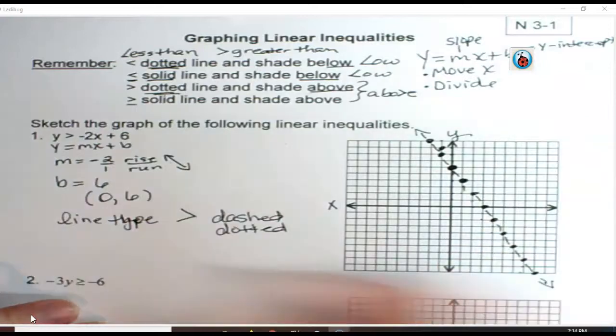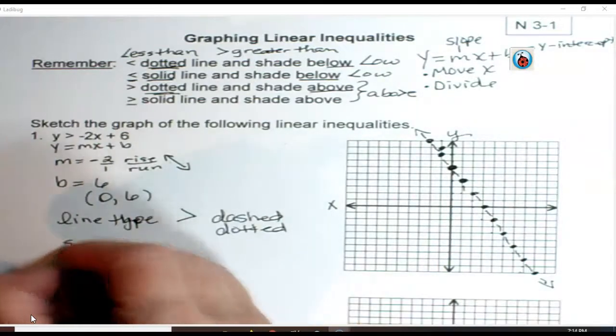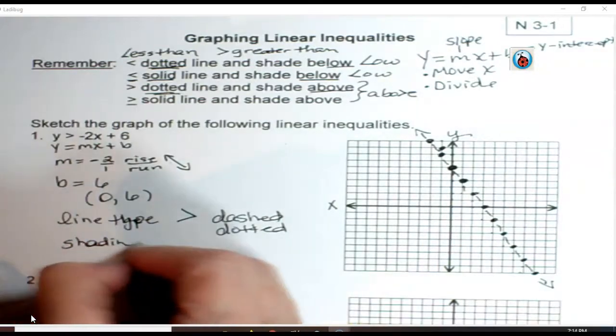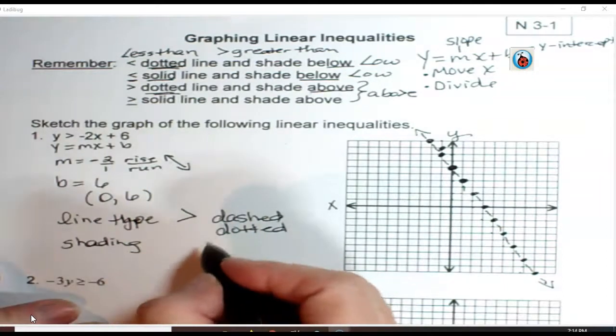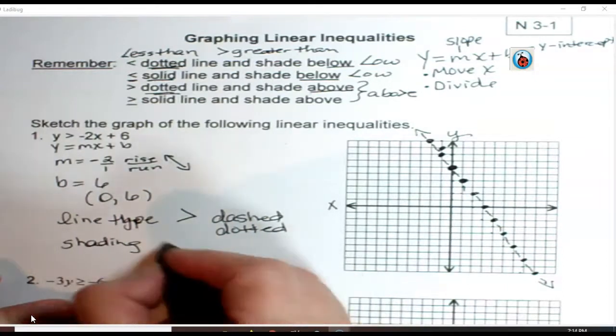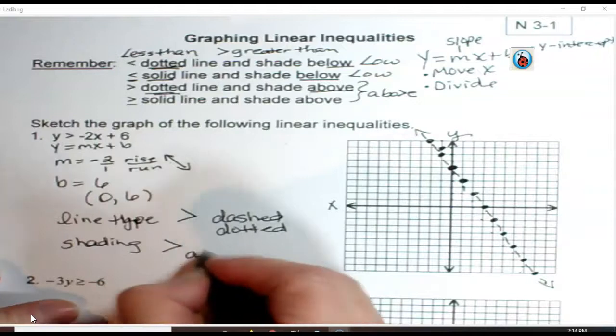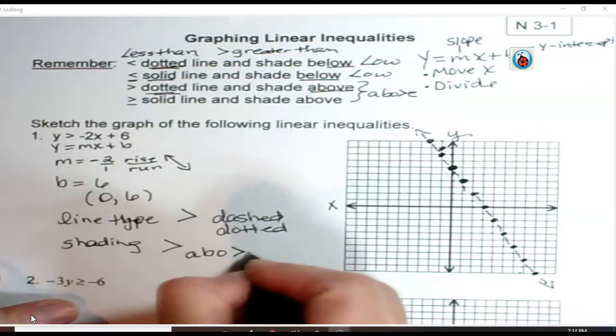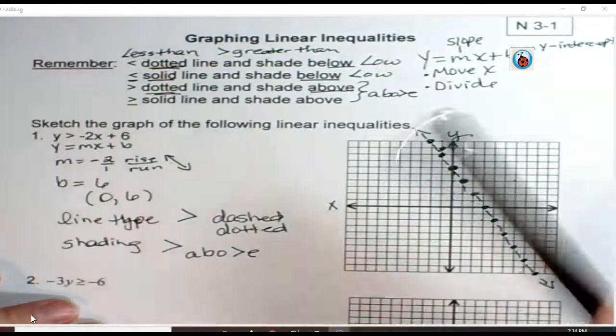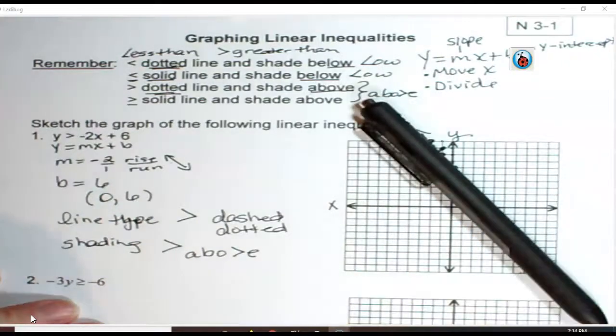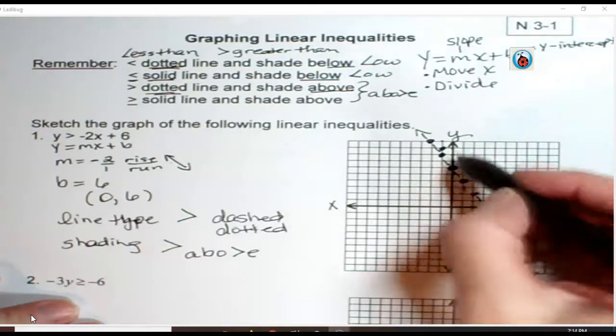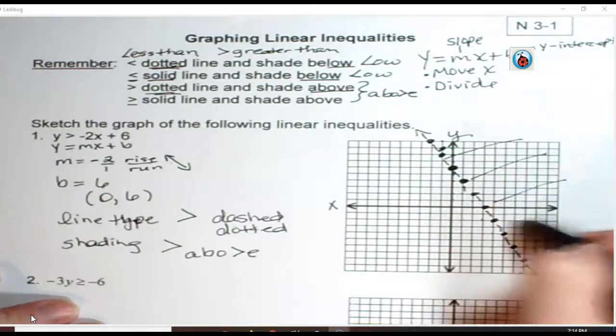All right, then you have to figure out shading. So inequalities have two more parts: a line type and a shading. Since it's greater, this is above the line. So how do you figure that out? Well, lay your pen or pencil down on your line, and above the line, over in this area this way, should be shaded.